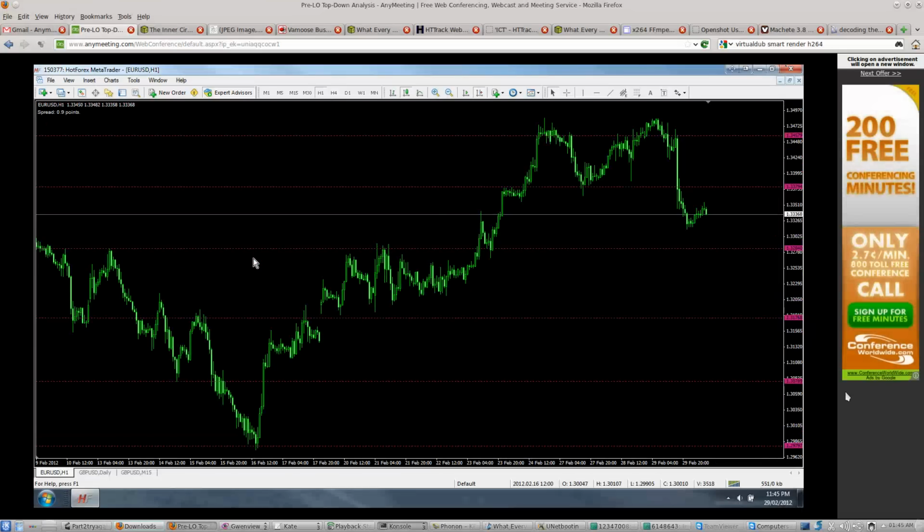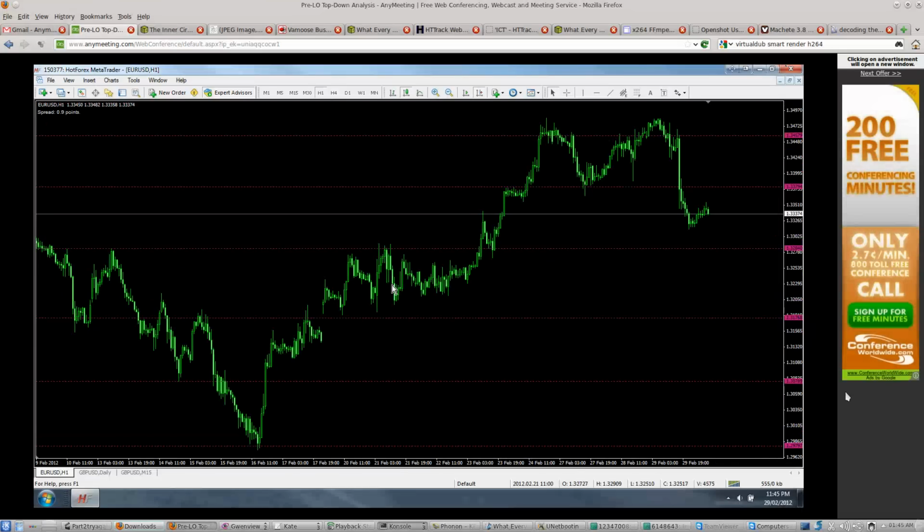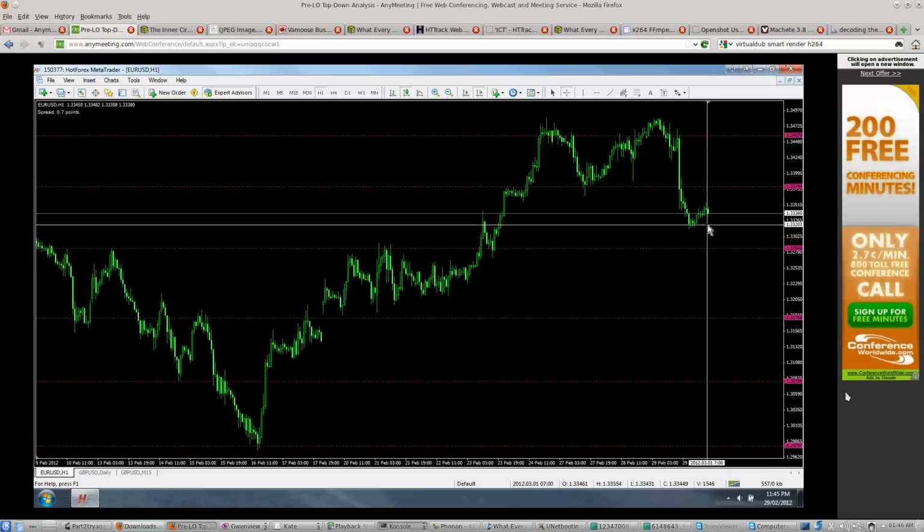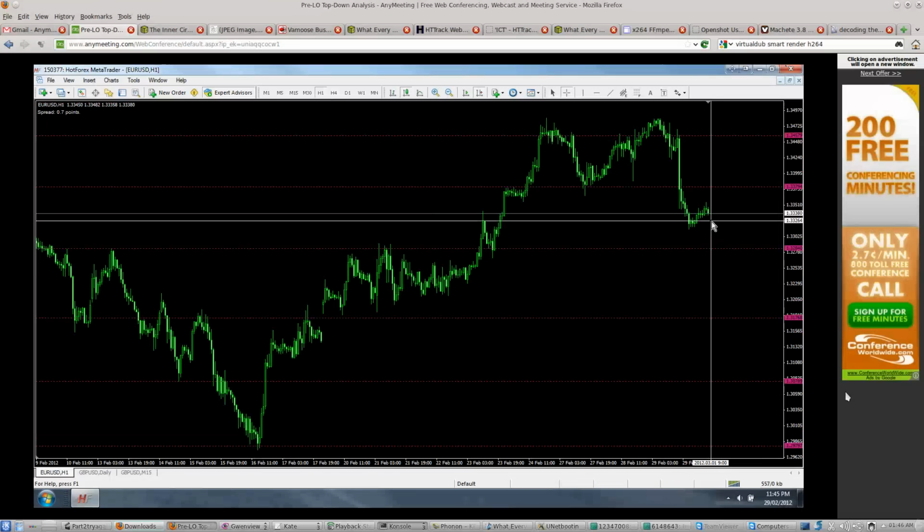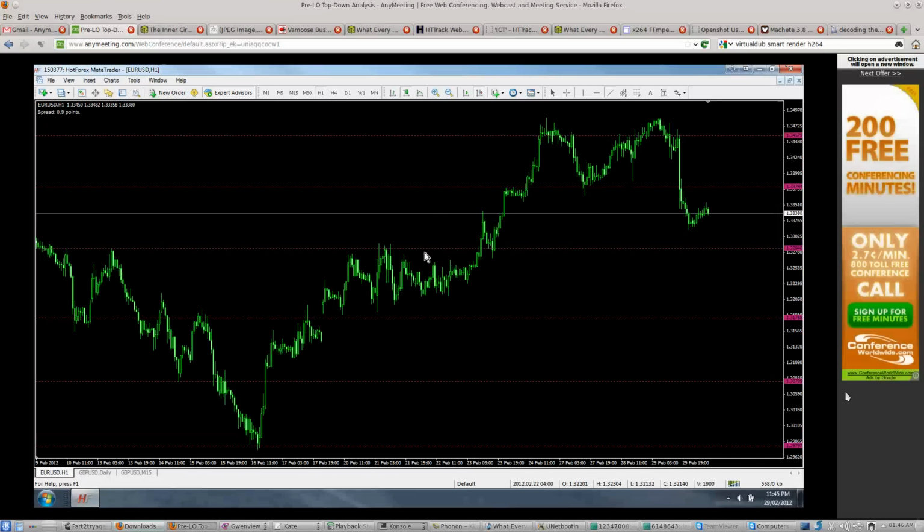Sorry guys, I don't prepare these things, so I'm doing my analysis really at the same time while I'm trying to present this stuff. So, slice support. Got a small hourly support level here.